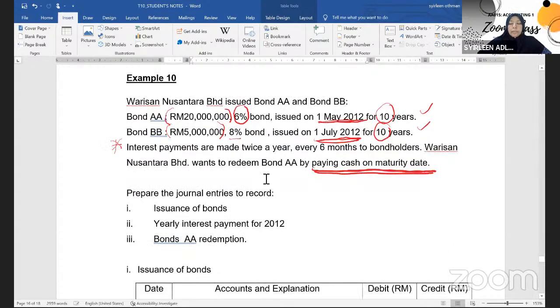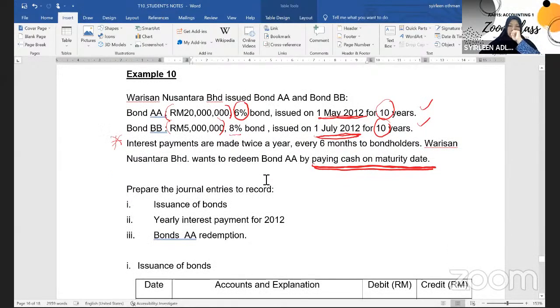So apa yang dia minta kita buat? You need to understand when you are given this kind of questions, the first thing that you need to do is to record the journal entries for the issuance of the bond. And then you need to record the interest payment. The one that we are doing now is for the year 2012.